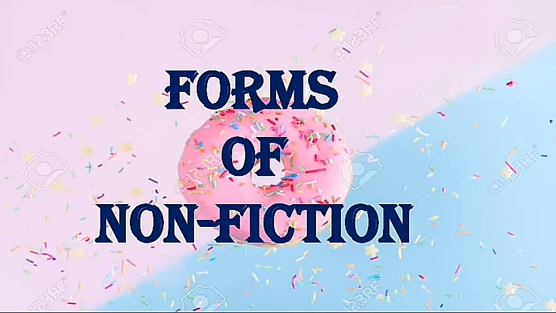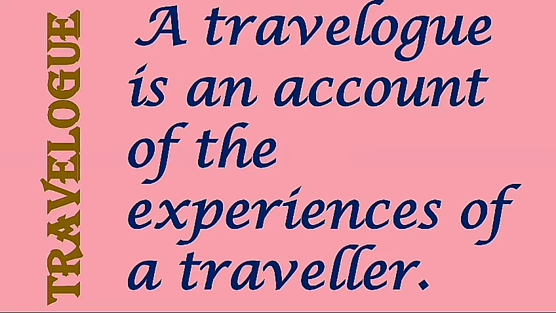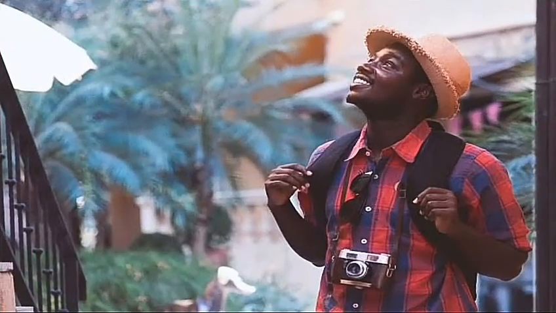And the forms of non-fiction are: 1. Travelogue. A travelogue is an account of the experiences of a traveler, somebody that goes from place to place, and as he is going or moving, he is recording his account or experiences.